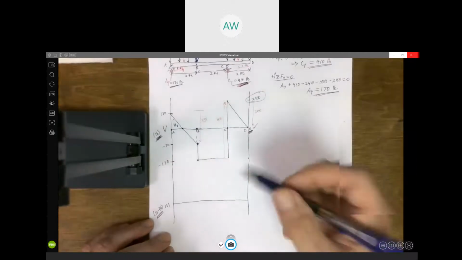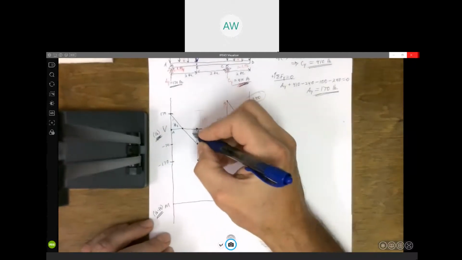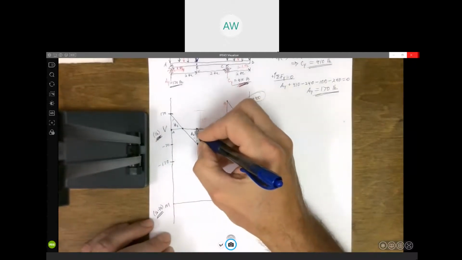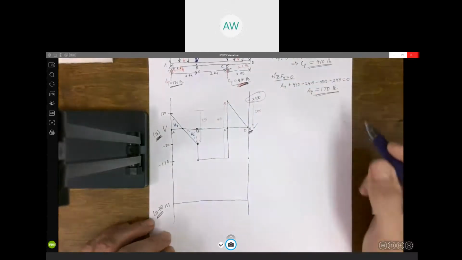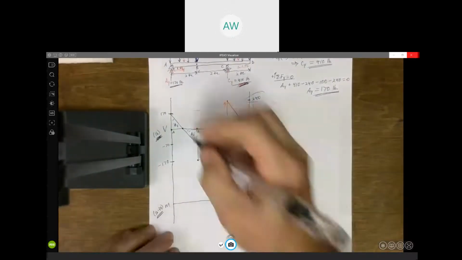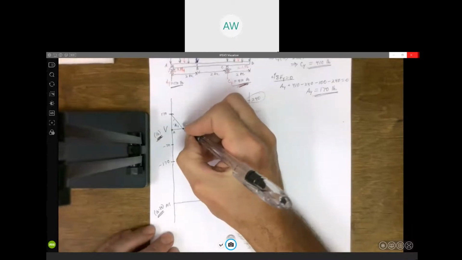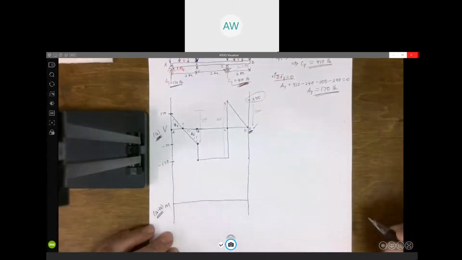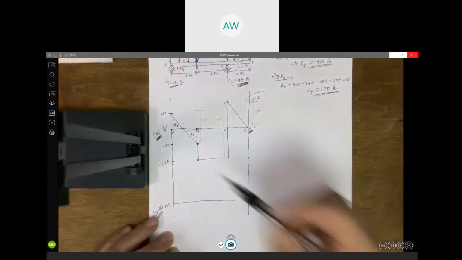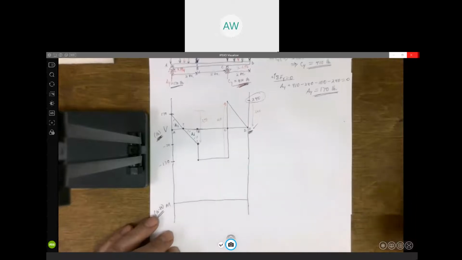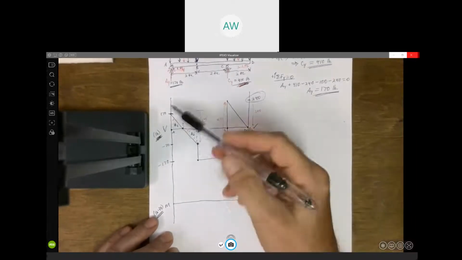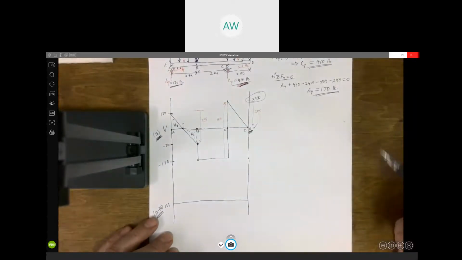So we've got to calculate what those two distances are. I'll call this A2. So we need to know, again, where does that thing cross? Because I've got to have that in order to calculate the area. It's a triangle, 1/2 base times height. I know the height of both of those, but I need to know what the base is.